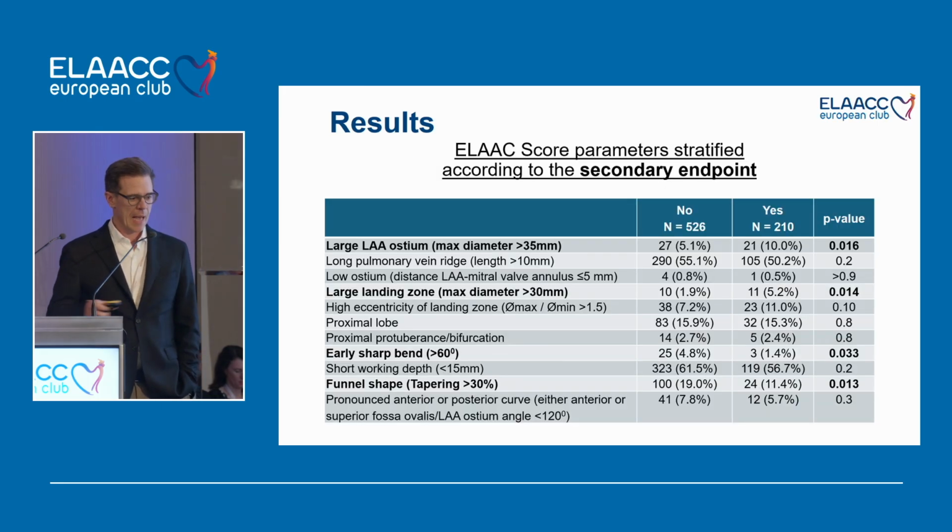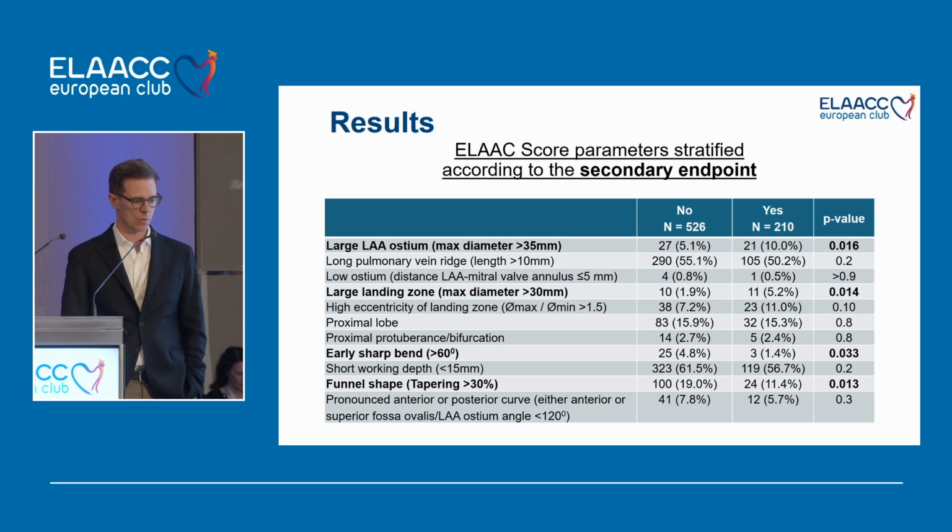And if we then do the same for the secondary endpoint, we see that there are also significant differences. The large LA ostium, again binary, was significantly different in patients meeting the secondary endpoint versus not meeting the secondary endpoint.